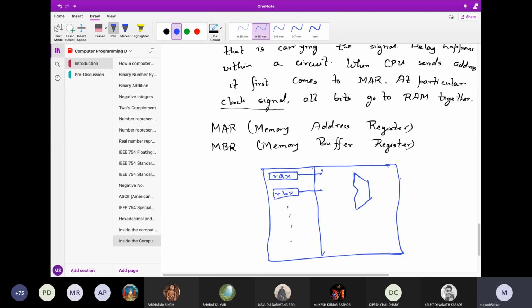It again gets stored into a buffer just prior to the ALU. It does not go to the ALU. Just at the immediate next clock edge, all the bits will be fed to the ALU together.